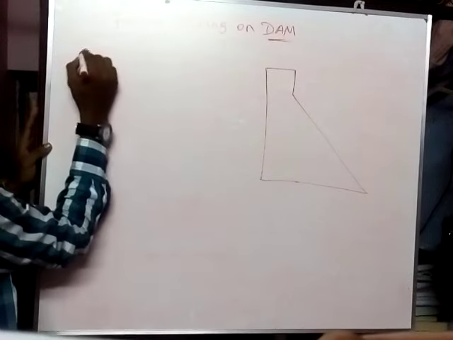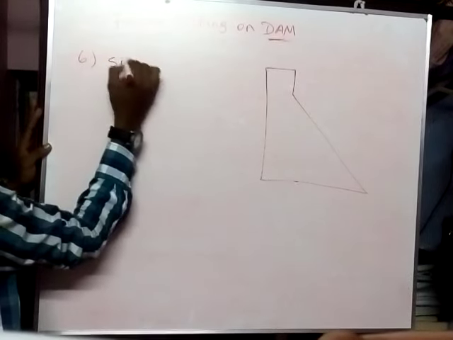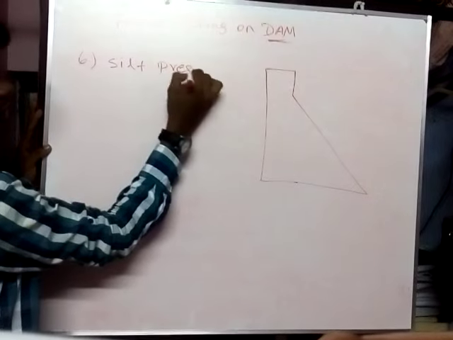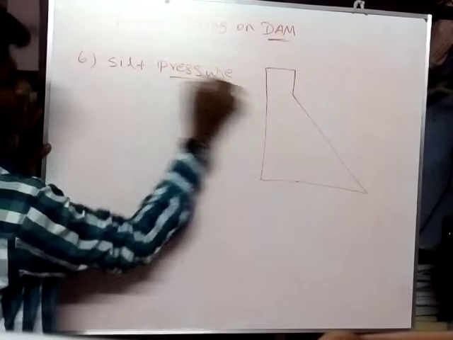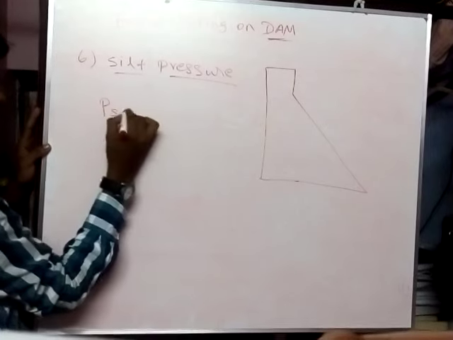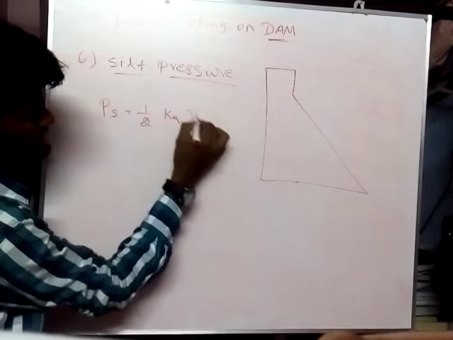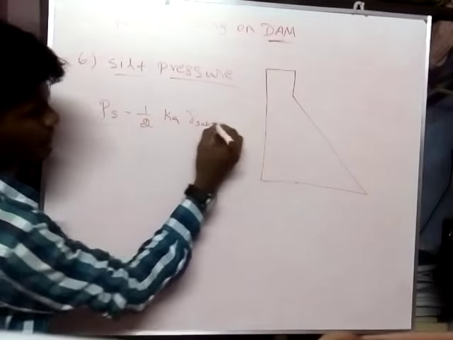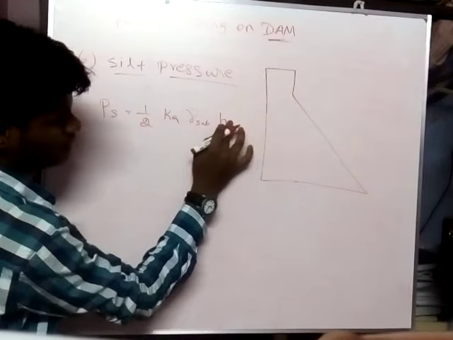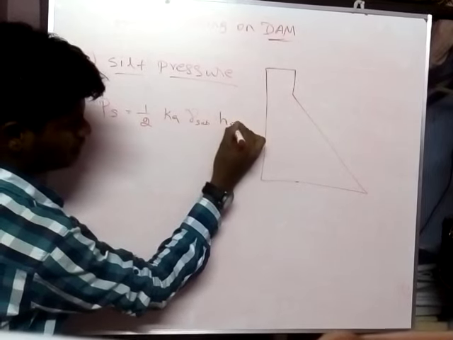So now we discuss silt pressure. PS equals Ka mu sub Hs.